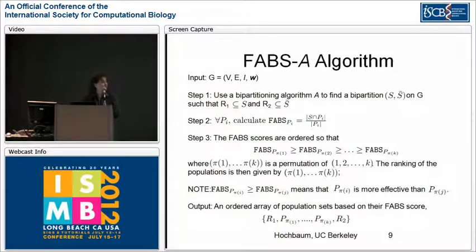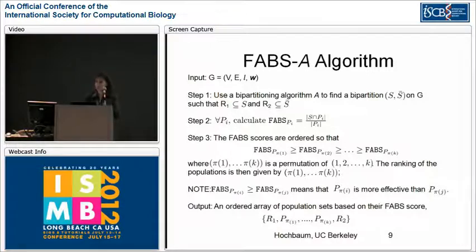So here is a formalism for the algorithm. We have the input, the graph that was created, and then we use a bipartition algorithm that separates the graph into a set S and its complement, so that R1 belongs to S and R2 belongs to the complement of S. Then for each population set Pi, we calculate the FABS score, the fractional adjusted bipartition score, which is the number that fall in S of this population i, divided by the total number.